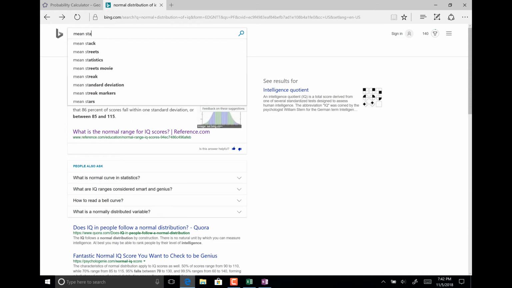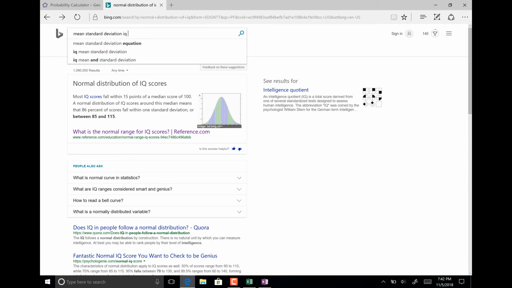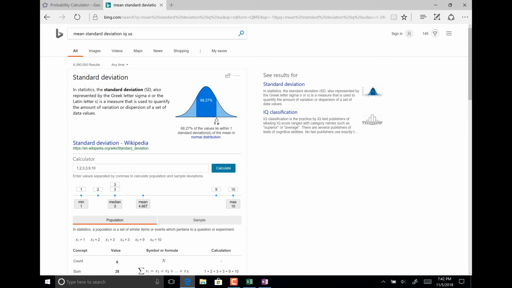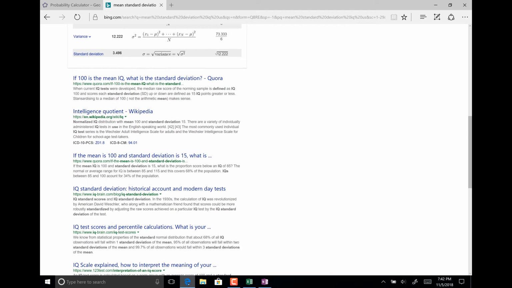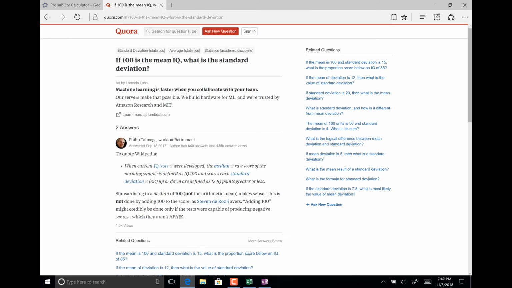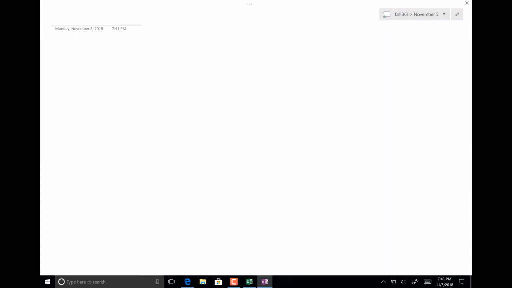Mean, standard deviation, IQ, US. What's the standard deviation? It's 15 points, so 115.